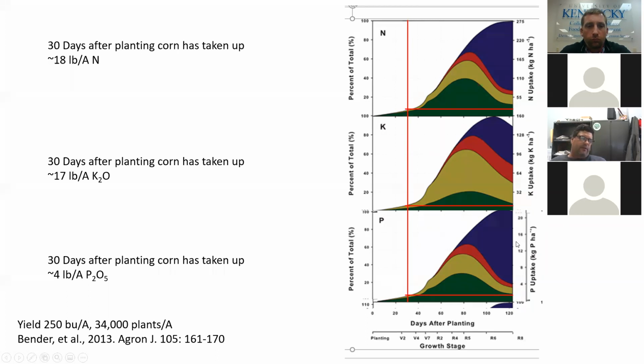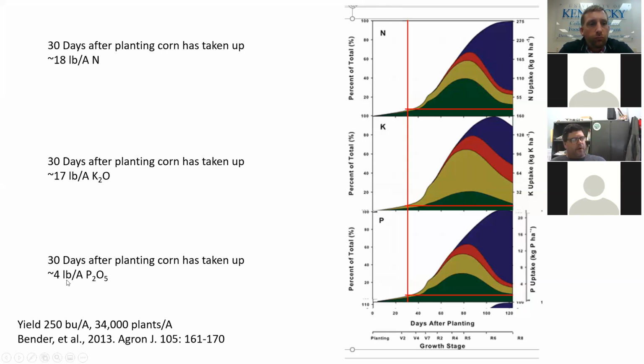Now on this y-axis, the labels are different for each one, and they're actually in kilograms of P and kilograms of K per hectare. Well, I had to convert it over so it made sense to me.